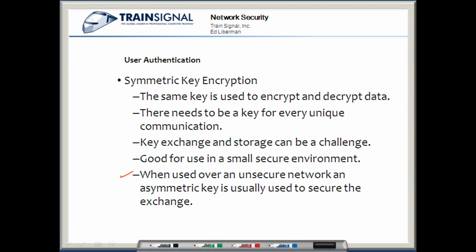If the 2 of us want to communicate using a symmetric key, there just needs to be 1 key. If there are 3 of us, I need to securely communicate with you, and I need to securely communicate with the other person. That's 2 keys. And you need to securely communicate with the other person, so that's 3 keys total. No big deal, right? 3 people, 3 keys.